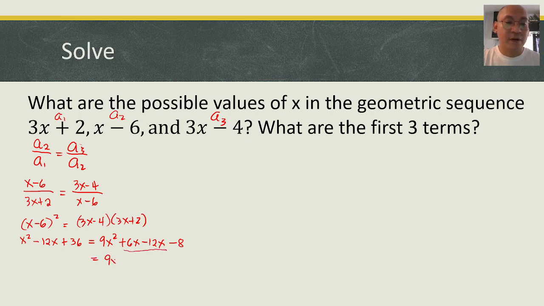We have 9x squared plus or minus 6x, that is minus 6x, minus 8. So the other side, we'll just rewrite x squared minus 12x plus 36.